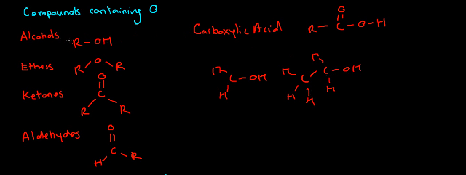And all this R means is that it's just attached to some carbon chain. It doesn't matter how long the carbon chain is. What characterizes the functional group is this. This is all we care about. Ether is an oxygen bonded to 2 carbons. So maybe something like this.